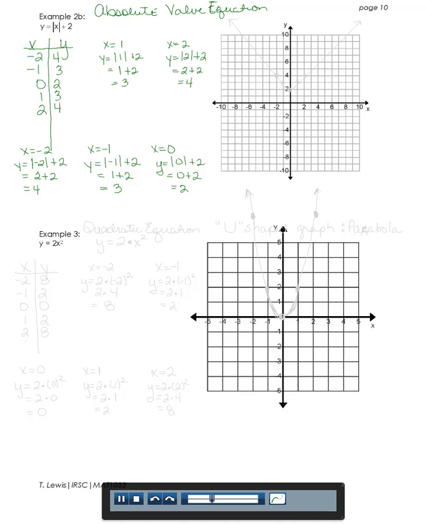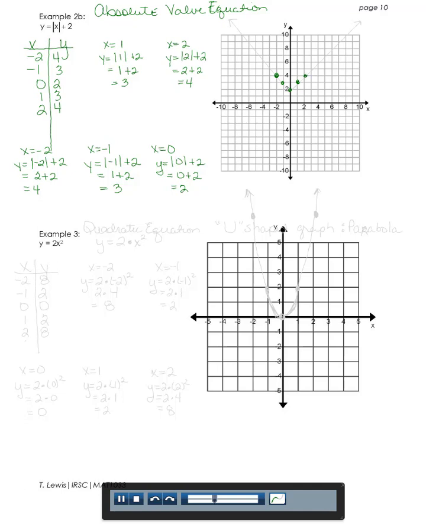Because I have the absolute value here and it's not going to be a straight line, follow the dots. Follow your points. Here's -2, 4, -1, 3, 0, 2, 1, 3, and 2, 4.